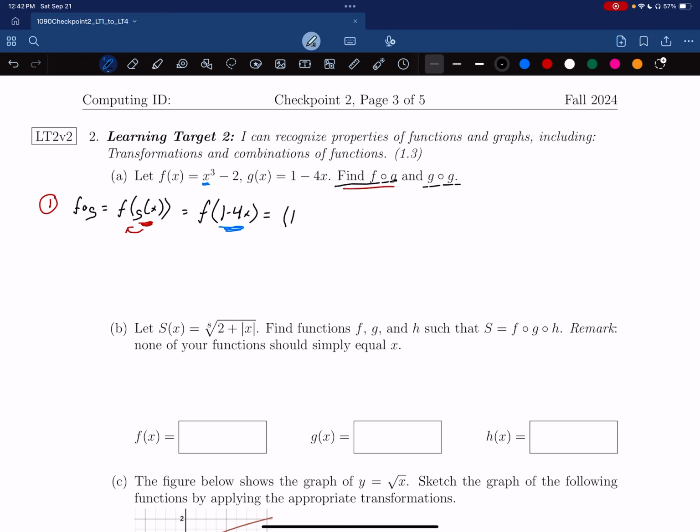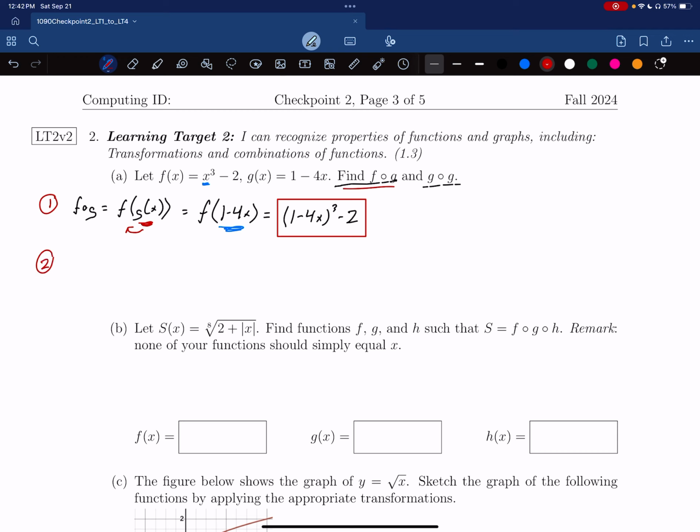So we'll write this as (1 minus 4x) cubed minus 2. Now, technically, this could be simplified a little bit more, but it's cubed, and that can be a pain sometimes to simplify. So we're not expecting you all to do that on these checkpoints. So that is our answer for the first part of A.